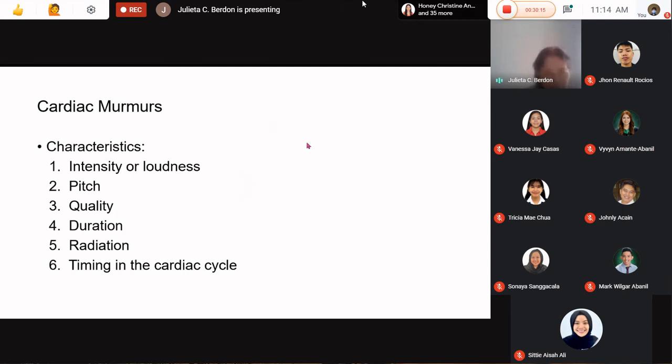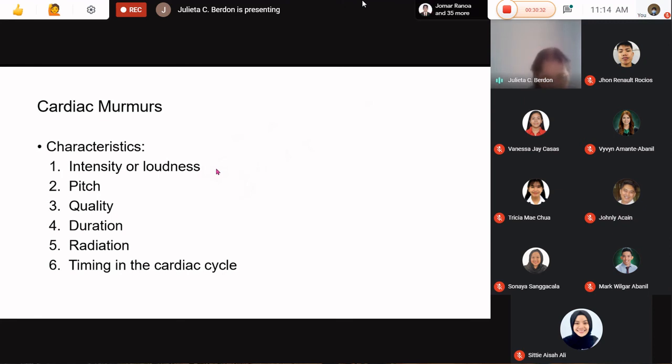Intensity. Usually you grade it from grade 1 to 6, like elementary grades. Grade 1 is hardly heard, especially if you are new to listening to heart sounds.